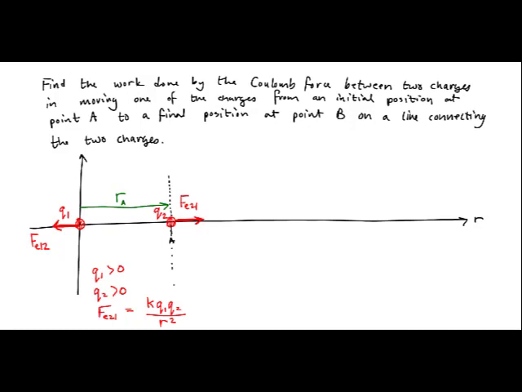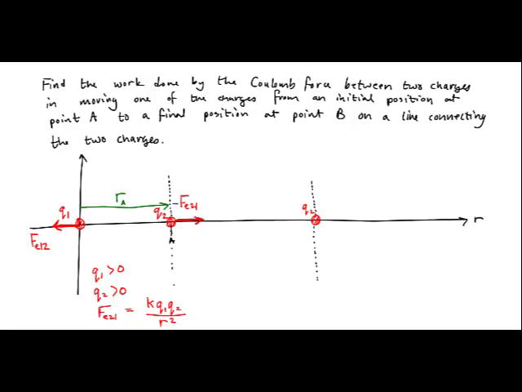Let's now look at charge 2 at another point on this line. Charge 2 is located at point B along the line connecting these two charges.